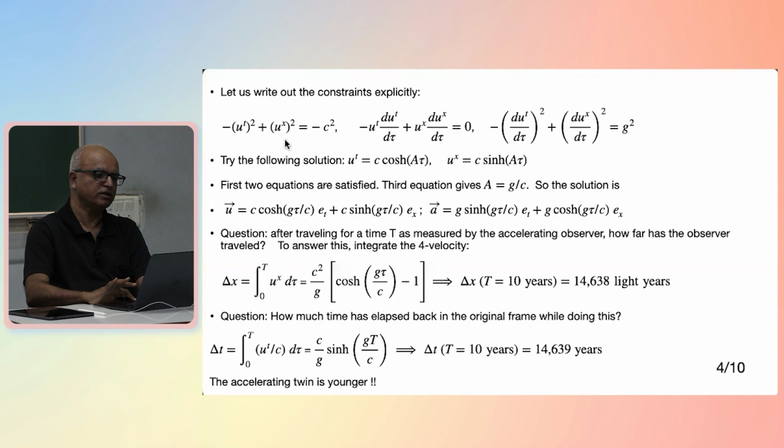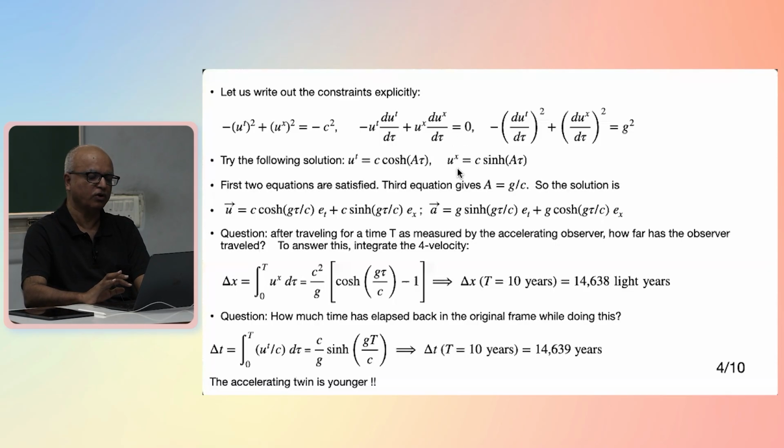So, this equation is automatically satisfied by this proposed solution for any value of a. Let us put this here. The time derivative of u^t is sinh into cosh with the a in front, minus sinh.